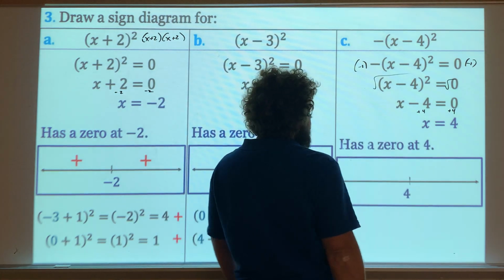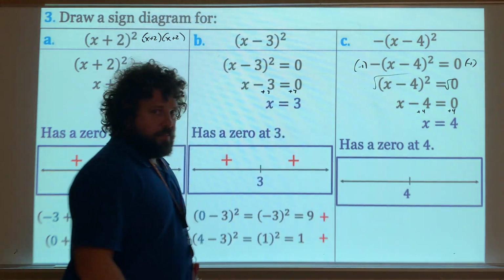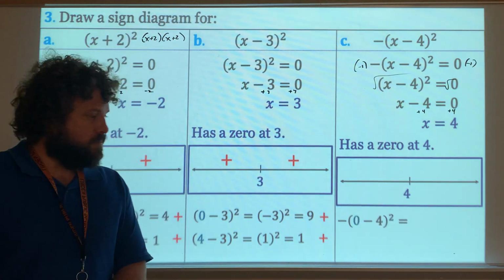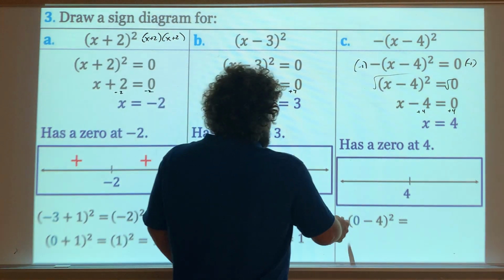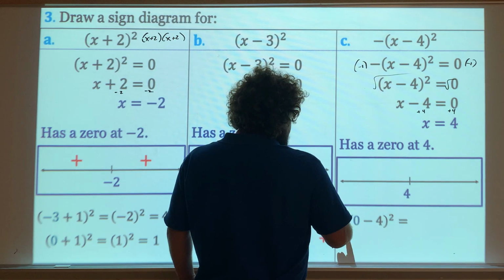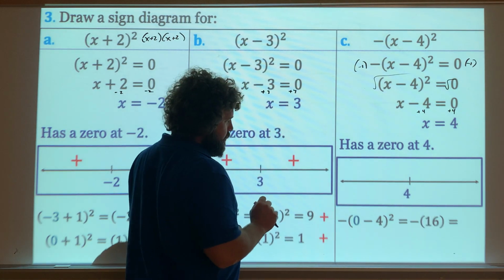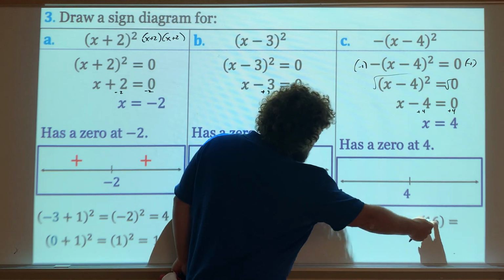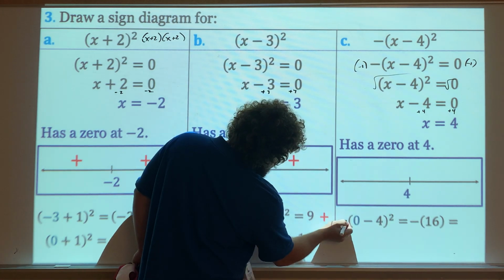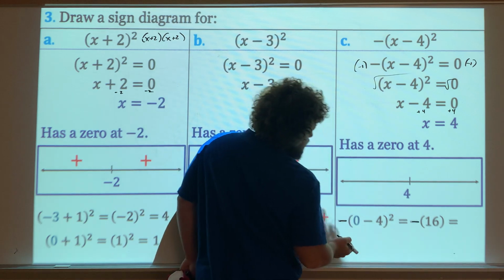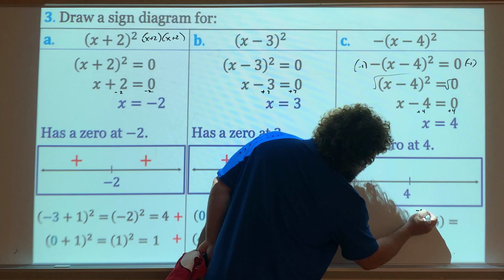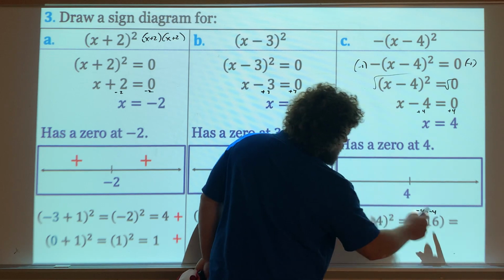You got your 4. Any number less than 4: 1, 2, 3, 0. All negatives. I pick 0, as usual. 0 minus 4 is negative 4. Now negative 4 squared, a negative times a negative is a positive 16. This negative stays on the outside though. This 16 is from negative 4 times negative 4. 2 negatives is a positive.